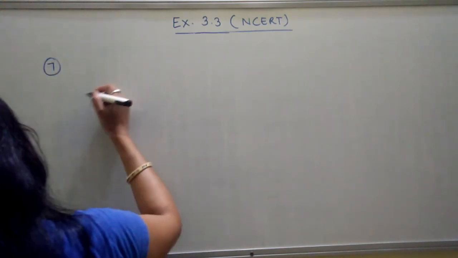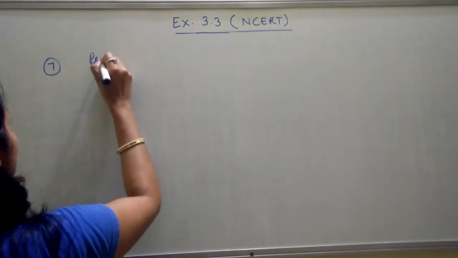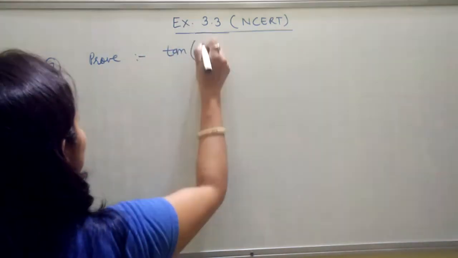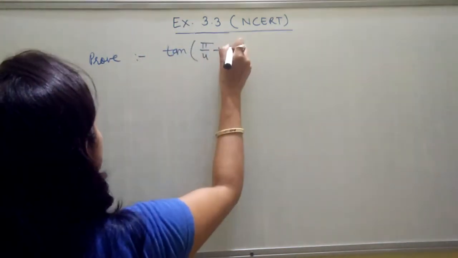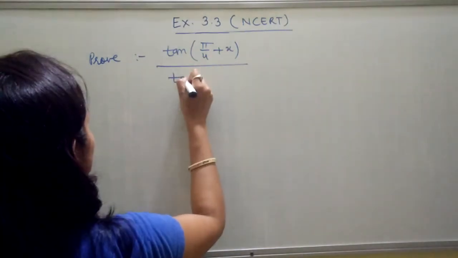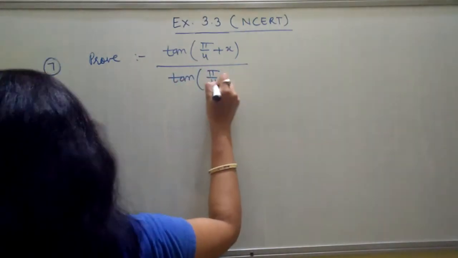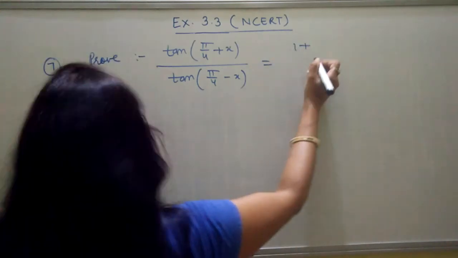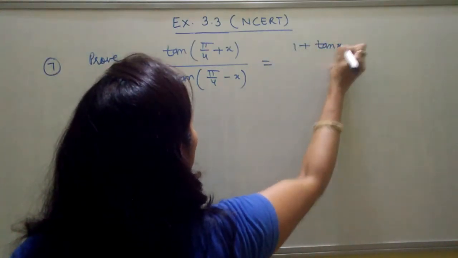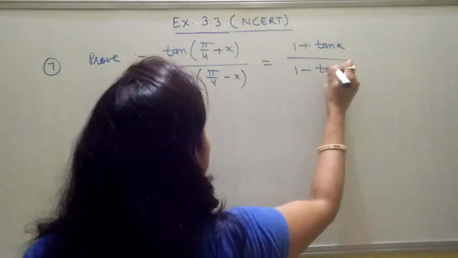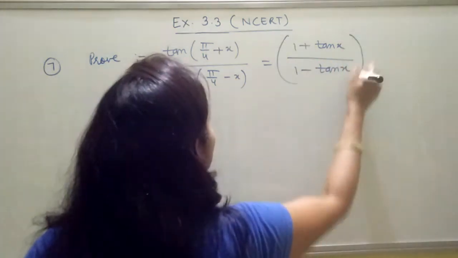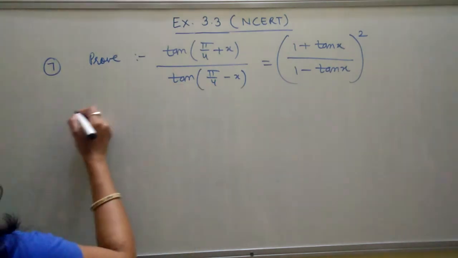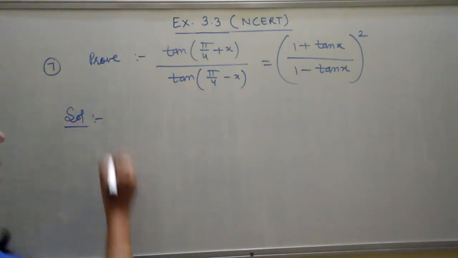Question number 7 is: prove that tan(pi/4 + x) upon tan(pi/4 - x) is equal to ((1 + tan x) upon (1 - tan x)) whole square. This is a very easy question. Again I will apply the identity.